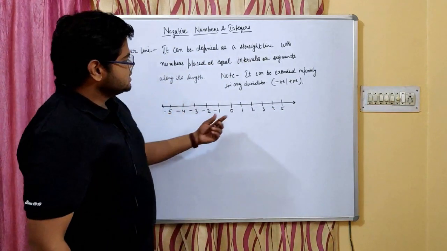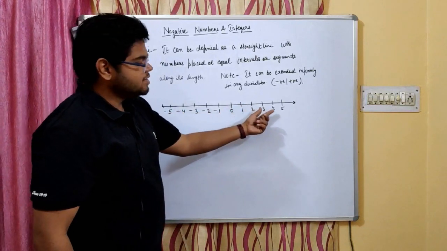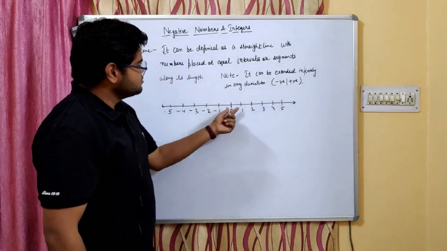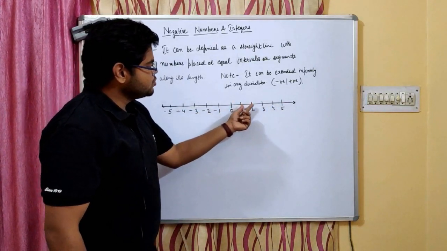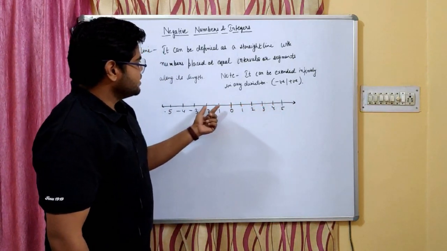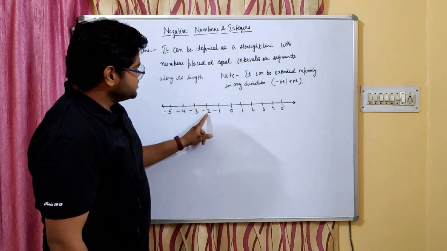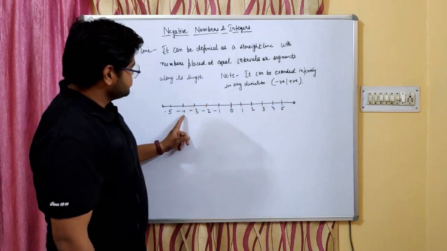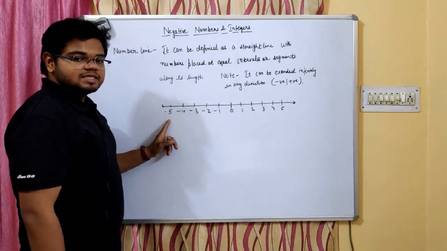These numbers are placed at an equal distance. The distance between 0 and 1, 1 and 2, 2 and 3, 3 and 4 is equal. The distance between 0 and -1, -1 and -2, -2 and -3, -3 and -4, -4 and -5 is equal, children.